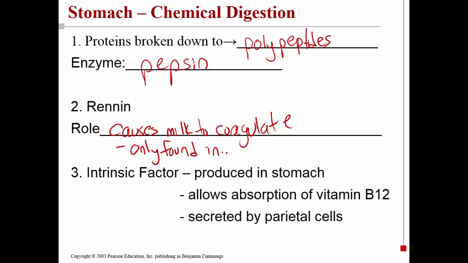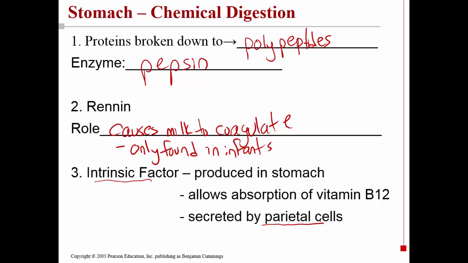Another chemical in the stomach, not involved in chemical breakdown, but still a chemical, is called intrinsic factor. Intrinsic factor is produced in the stomach by cells called the parietal cells. And what it does is it allows the absorption of vitamin B12.